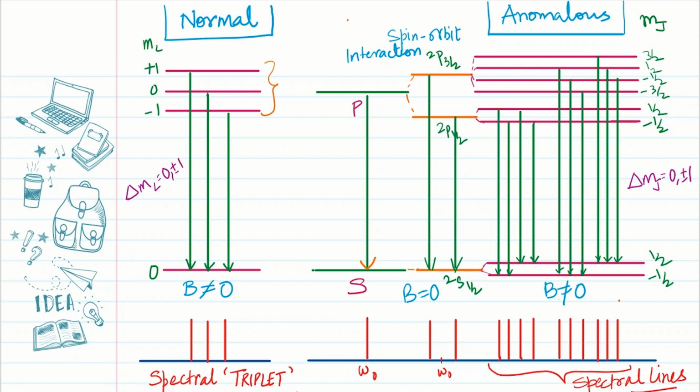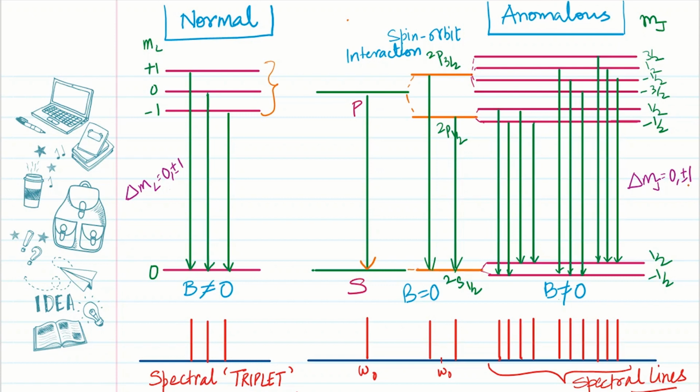If J is 1/2 and we know M_J can take 2J plus 1 values, so this is 2 times 1/2 plus 1, so we have two levels here, that is minus 1/2 and plus 1/2. Similarly we can do for these two levels by using 2J plus 1 to see how many levels they are going to split. After doing these splittings on the basis of M_J values, now we have to use the selection rule, that is delta M_J is equal to 0, plus minus 1.